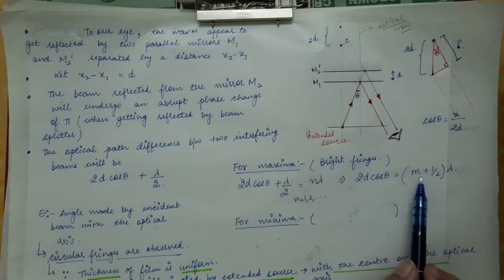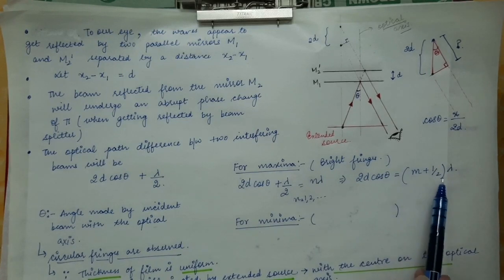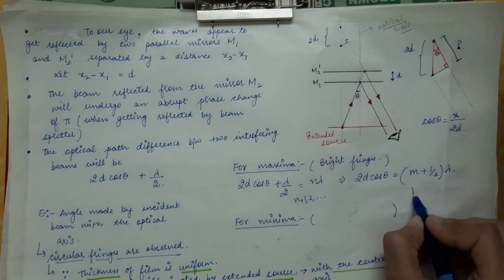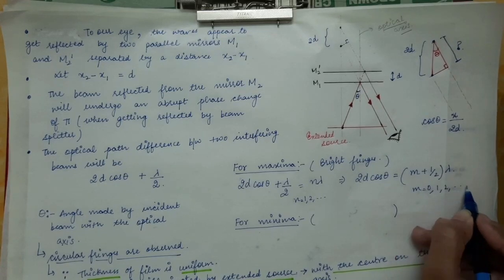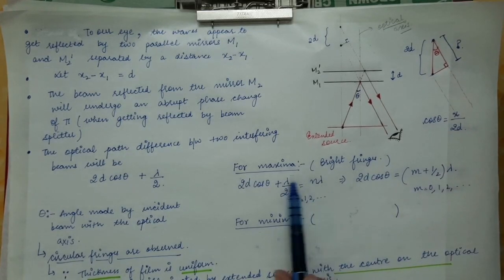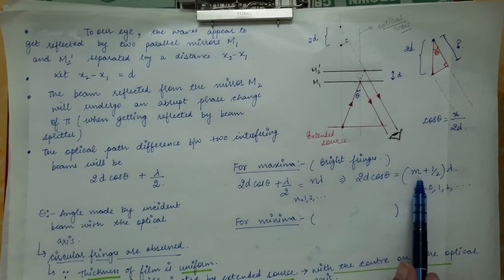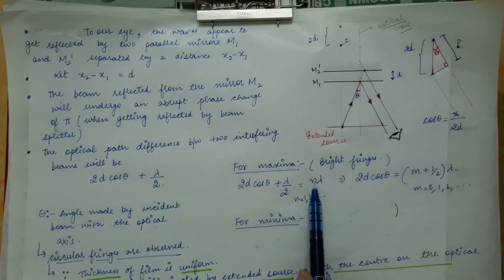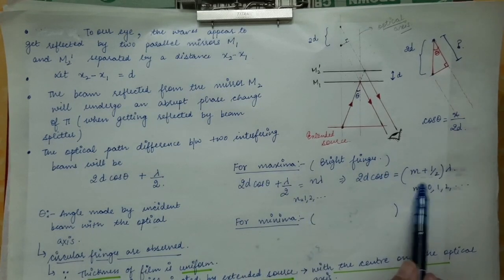But I have changed the variable over here to m, and instead of writing n minus half, I have written m plus half, where m is another constant and it will take values 0, 1, 2, 3 and so on. For n you have to start from 1, and for m, if you are taking the expression m plus half, you have to start from 0.